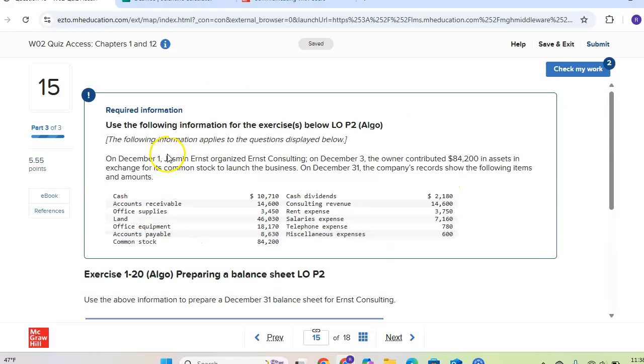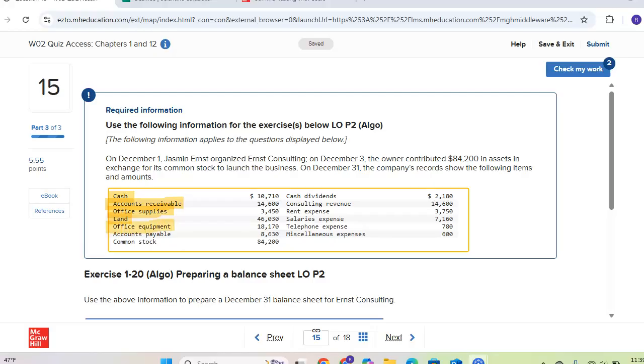Then we go back to this box and start with assets, looking at all the different types of assets, which would be cash, office supplies, accounts receivable, land, and office equipment.